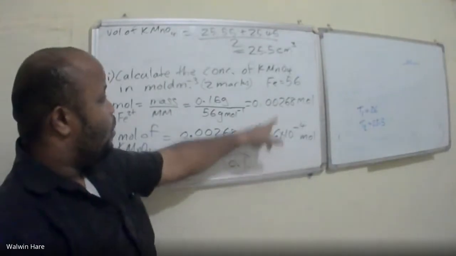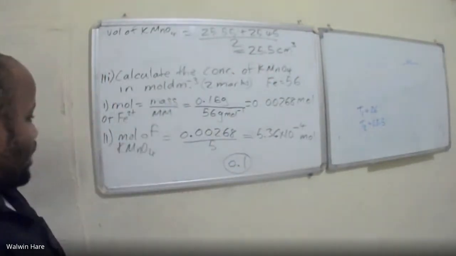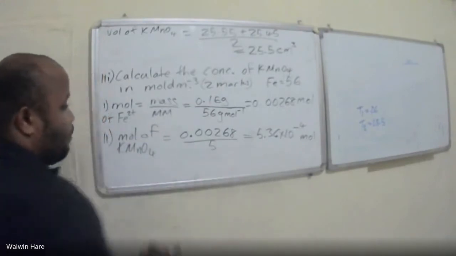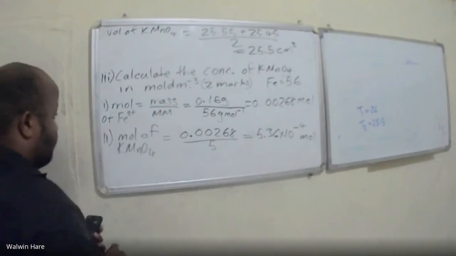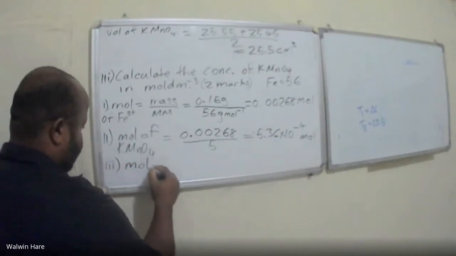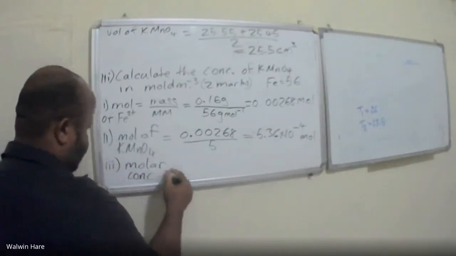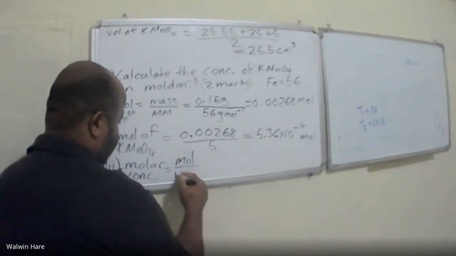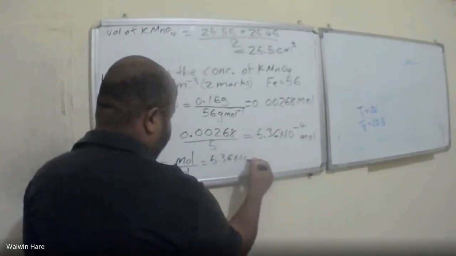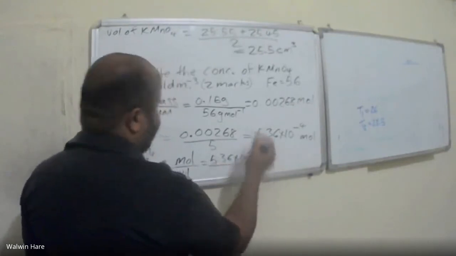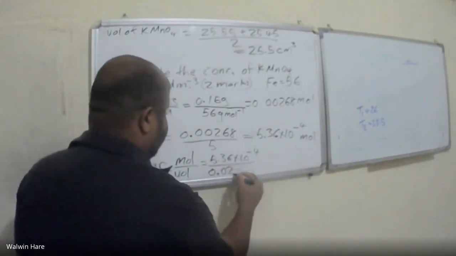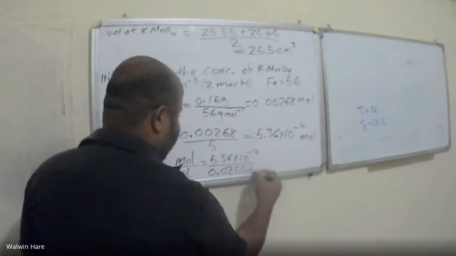So we have the mole and we have the volume. So we can go ahead and calculate the molar concentration. Remember, the volume must be in dm cubed, so it is 0.0255 dm cubed.